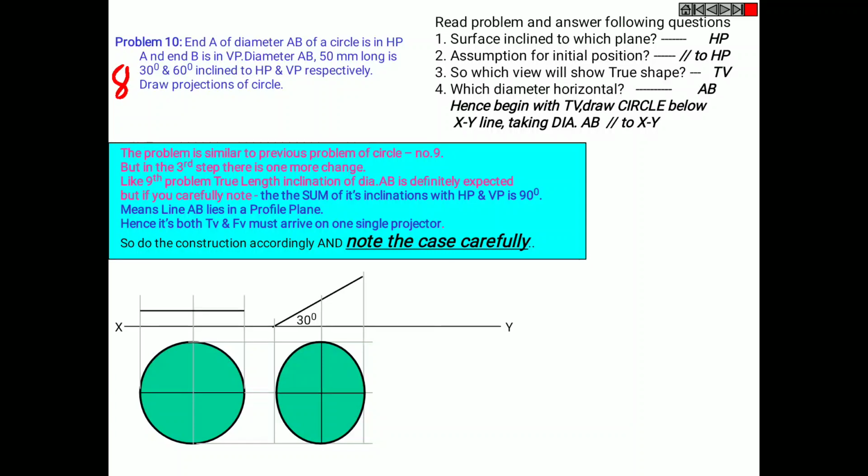So hence both its top view and front view must arrive on one single projector. So do the construction accordingly and note the cases carefully. See, this is your 60 degrees inclined to VP, which is done on HP, which is your true length.